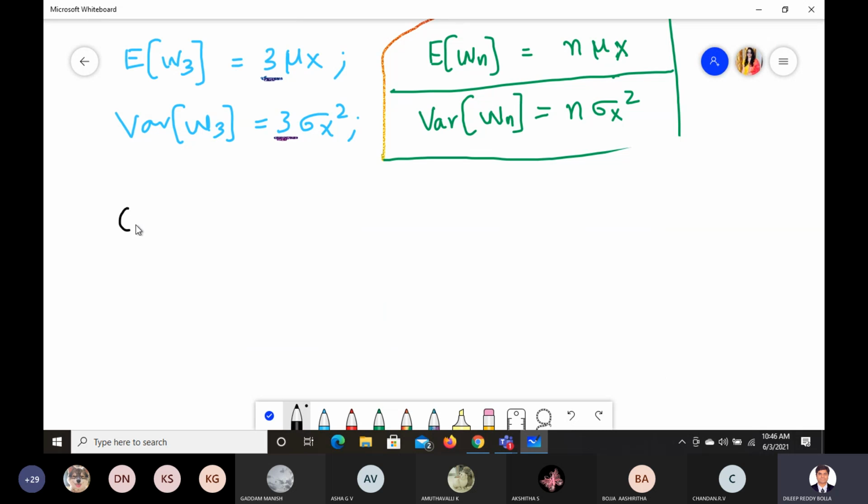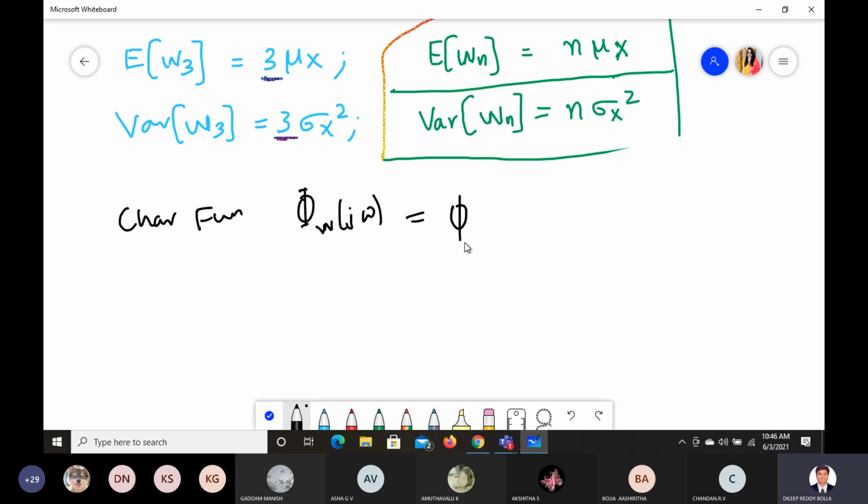So what is the characteristic function of this? Characteristic function, which is given by phi. Okay. So phi w of j omega. So this one we have to find for n, right?